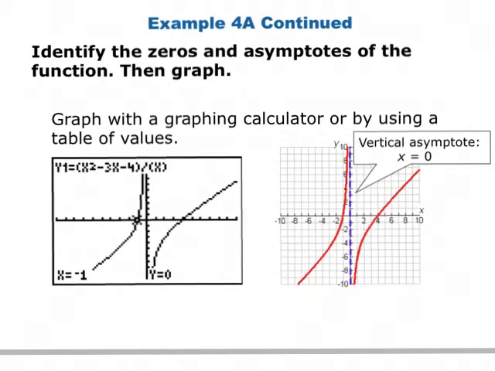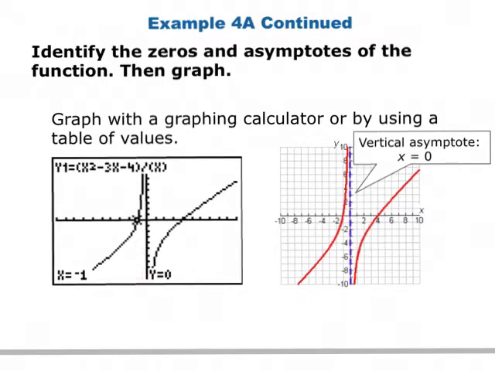Now if we graph this with our graphing calculator, you're going to get something that looks like what I've shown right here. Okay? Now, notice your x-intercepts here and here. Now, your calculator does not show the asymptote, but you know the asymptote is going to be at x equals 0.